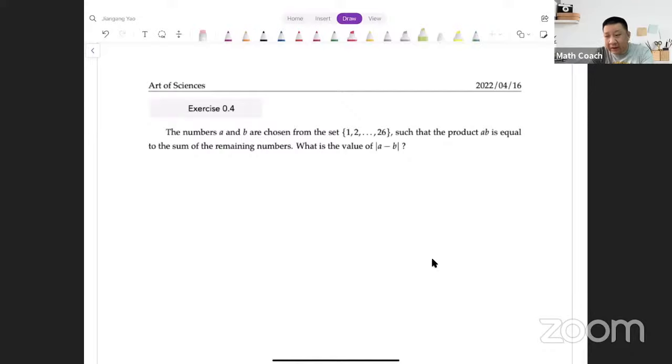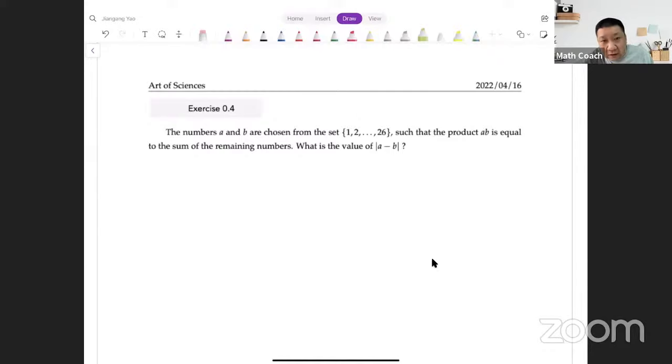We do have some correct answers. The first correct answer came from 88, and 88 gets 12 points. After 88, I do not see too many correct answers. The second correct answer comes from 77, and 77 gets 11 points. After 77, 93 gets 10 points.